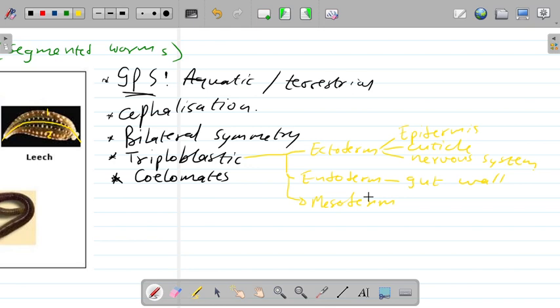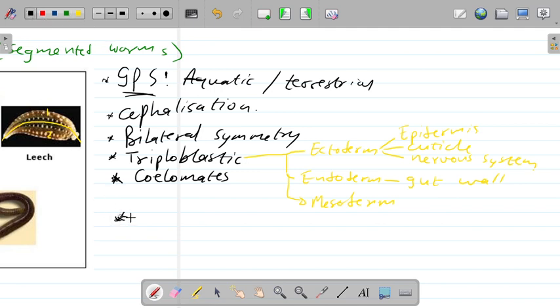Tissues such as muscles, blood vessels, and excretory organs arose from the mesoderm. Good. So that is the phylum Annelida. They are very complex organisms, unlike their cousins the platyhelminths.